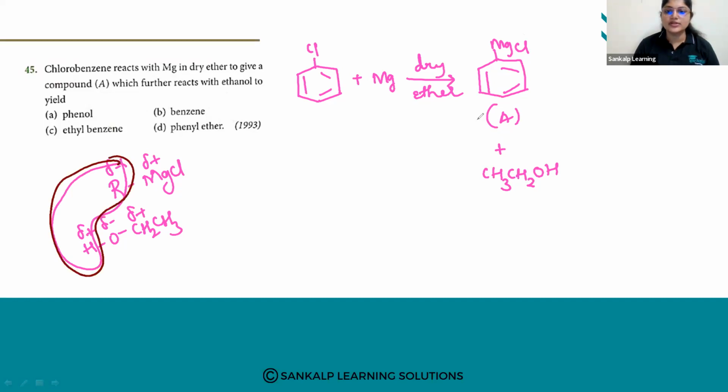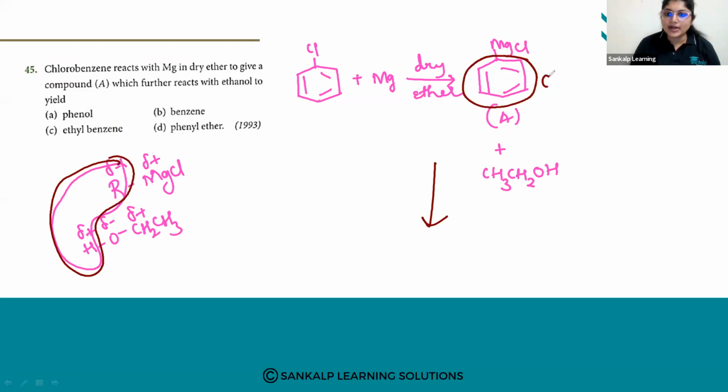Write the product now for this. So R, this H will get combined with. Out of this, I told you which is the negative part and which is the positive part. This is R, right?